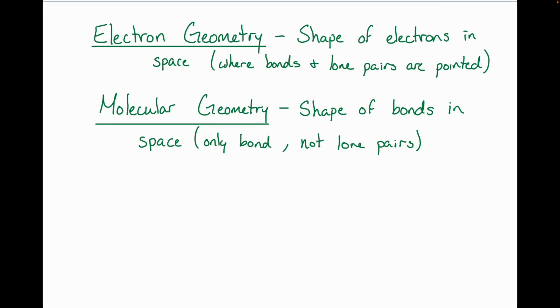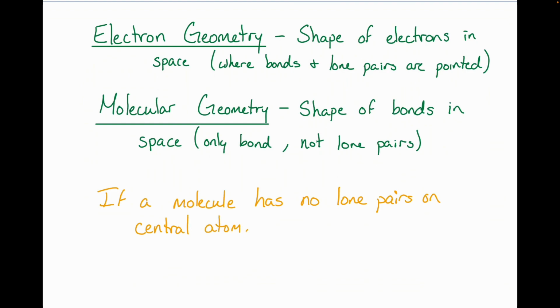All right. So if a molecule has no lone pairs on that central atom, then the electron geometry is simply equal to the molecular geometry.